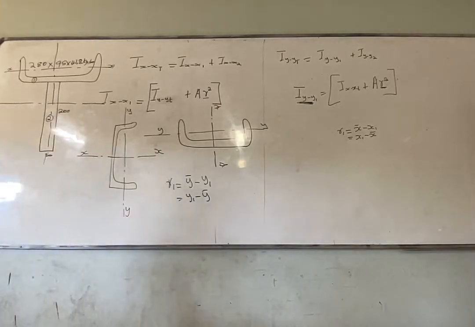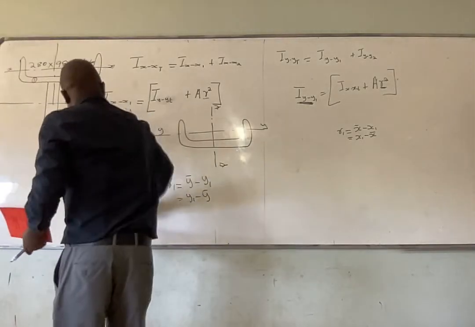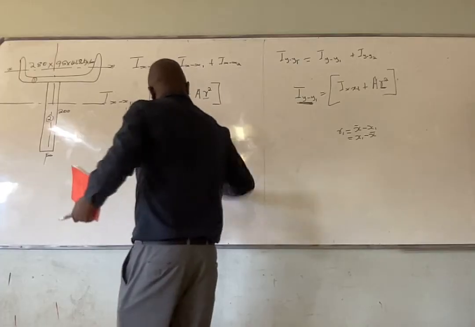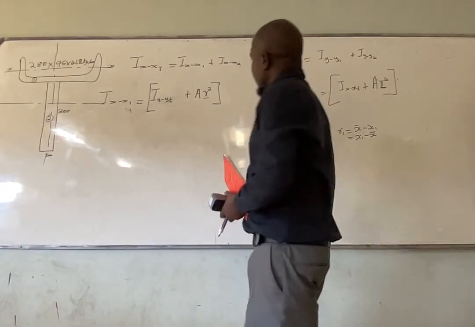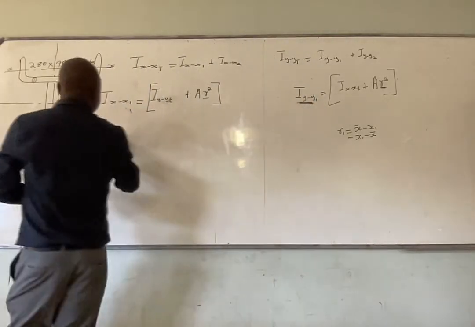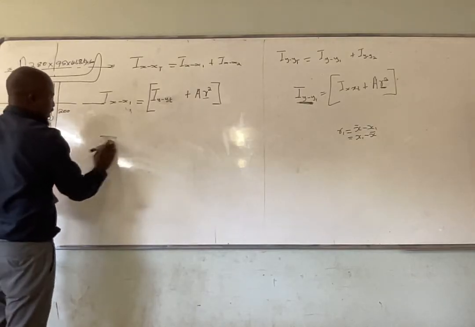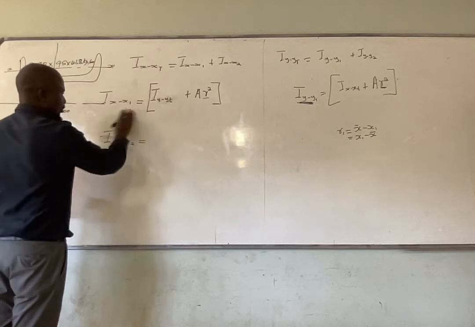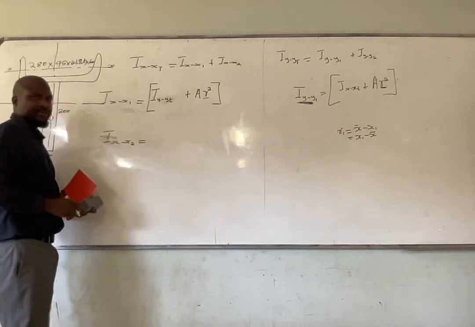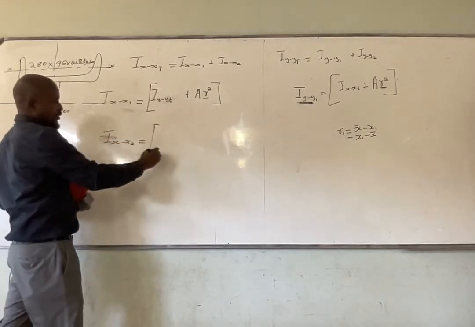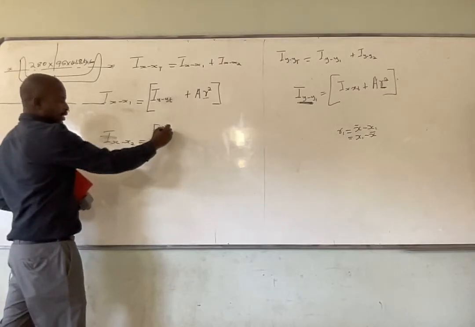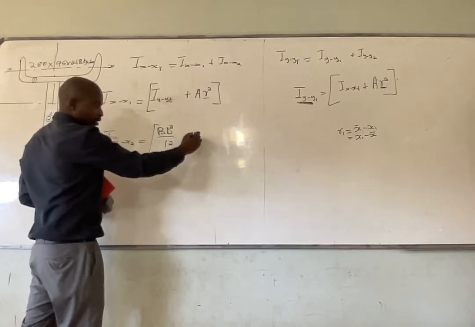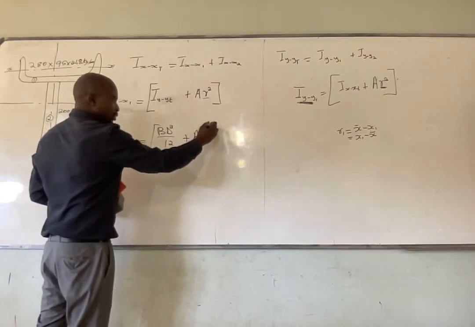So what will be the formula for IXX2? It will be BD cubed over 12 plus AR squared.